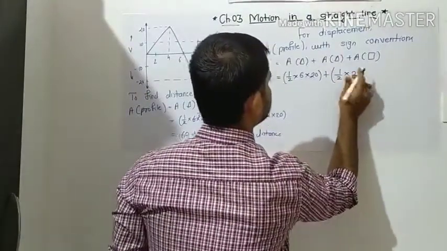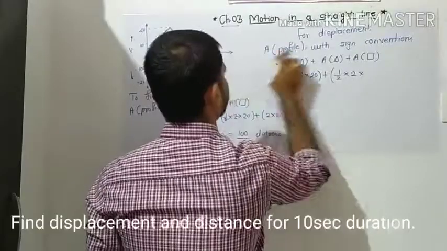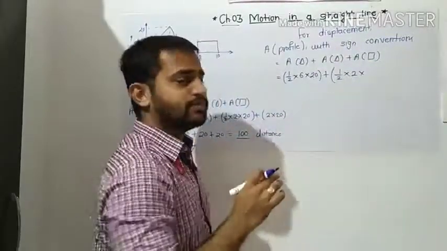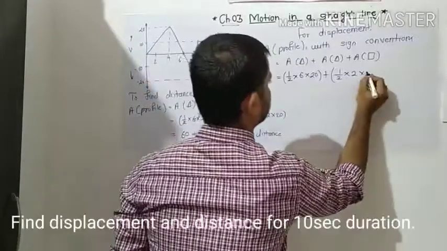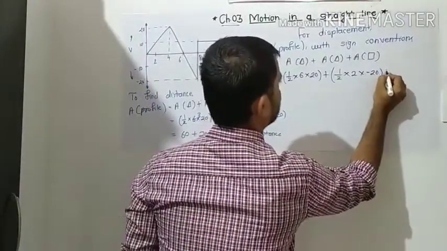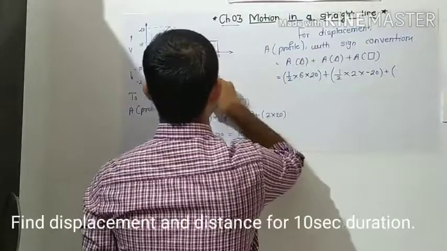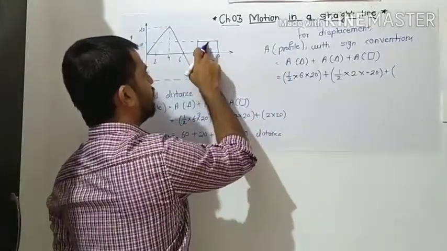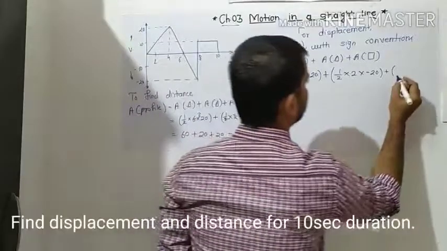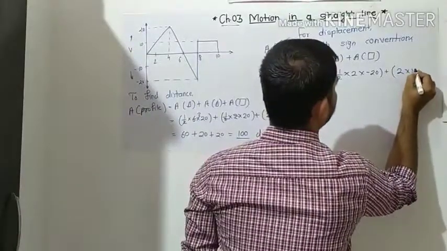But in this case, for the height, as we are calculating the displacement, we have to consider the negative sign. So minus 20, plus the area of the rectangle, whose length is 2 and height is 10, so 2 into 10.